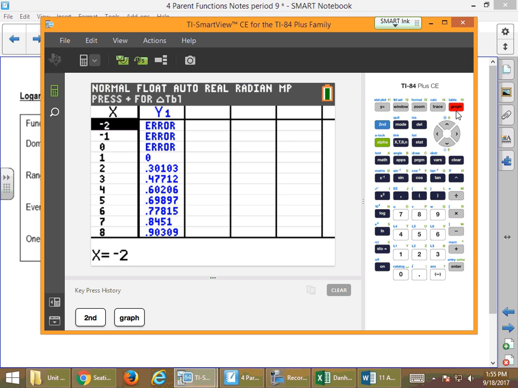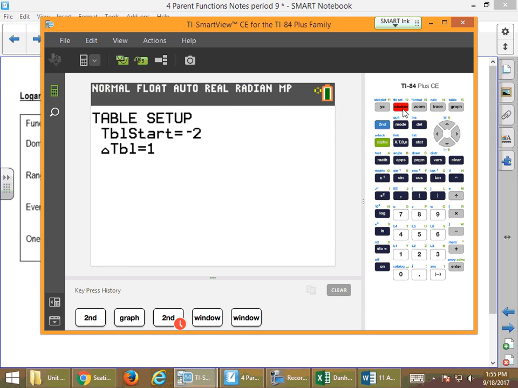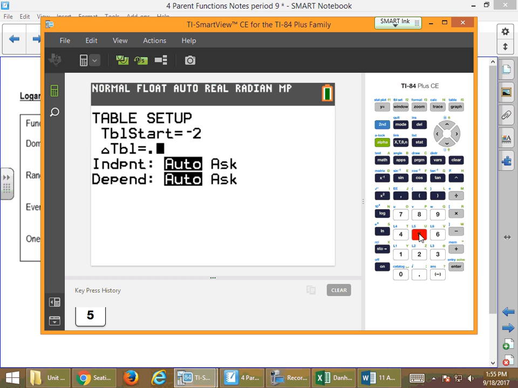I am going to try to change my table value a little bit here. Back to what it was originally, which is if I go to second and the window button, that gets the table set. I'm going to leave it at -2, but I'm going to put it back in increments of 1/2.